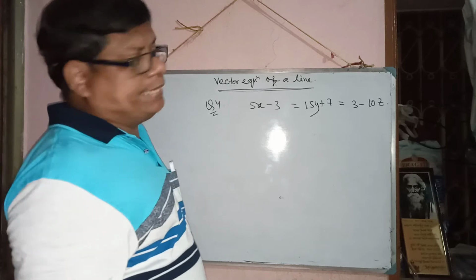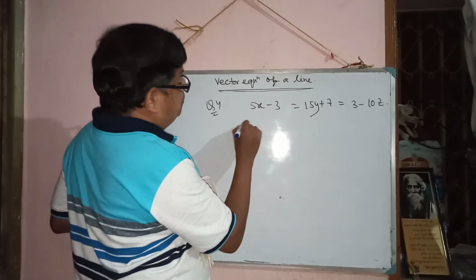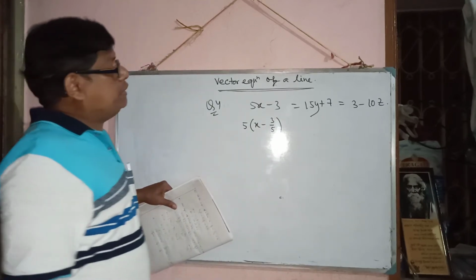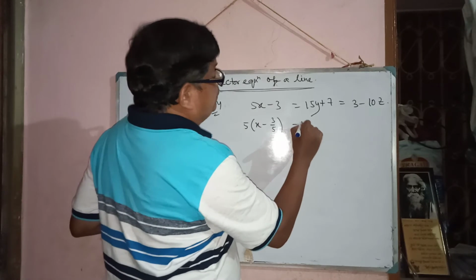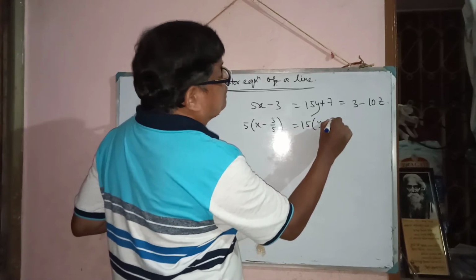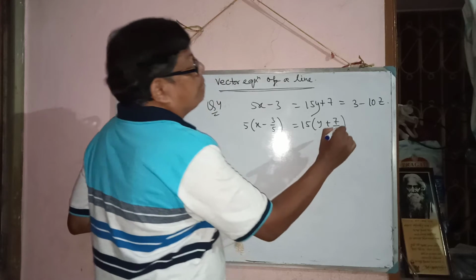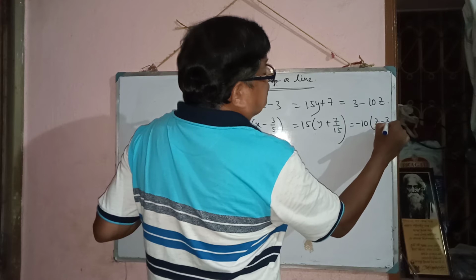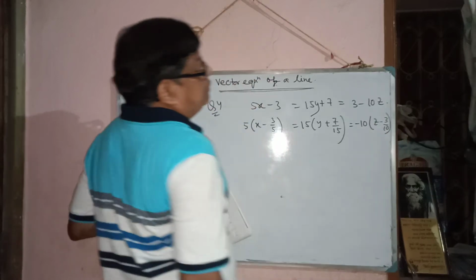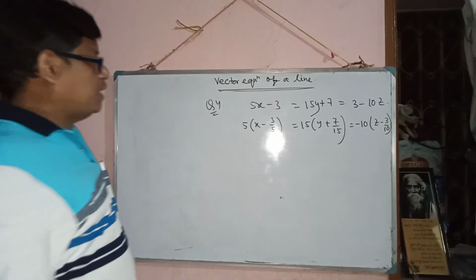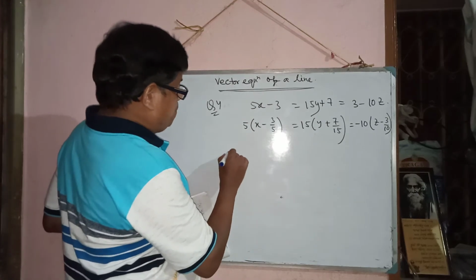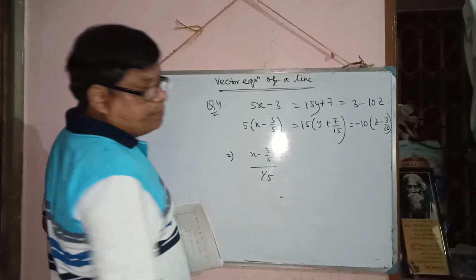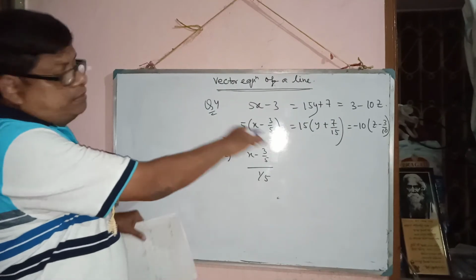So we can write this equation here: take 5 common, x minus 3 by 5; take 15 common, y plus 7 by 15; equal to minus 10 common, z minus 3 by 10. Now you can write x minus 3 by 5 over 1 by 5, where 5 is there and the denominator will go.